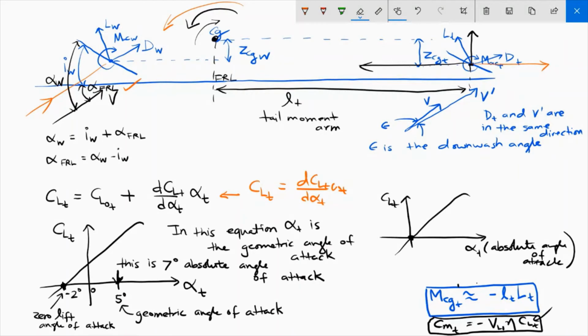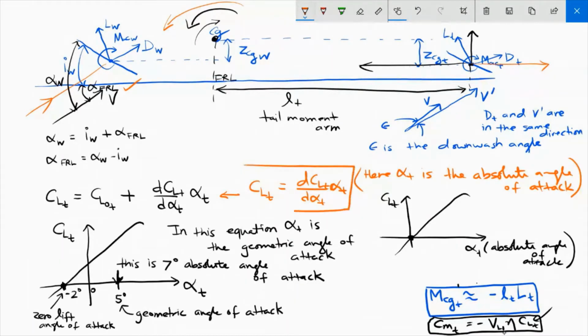So I don't need that CL0t. Okay, so long story short, this is the equation for the lift coefficient of the tail.